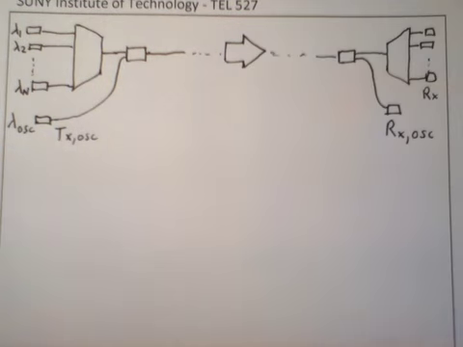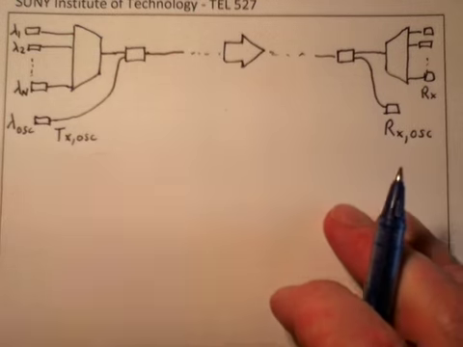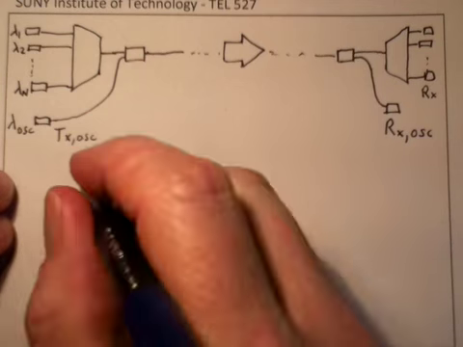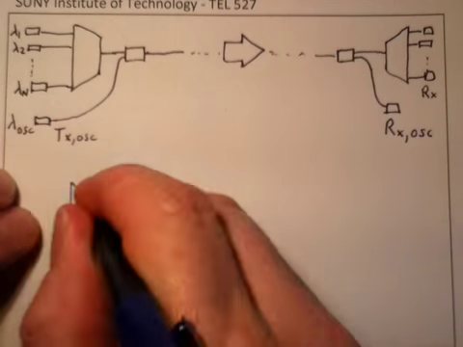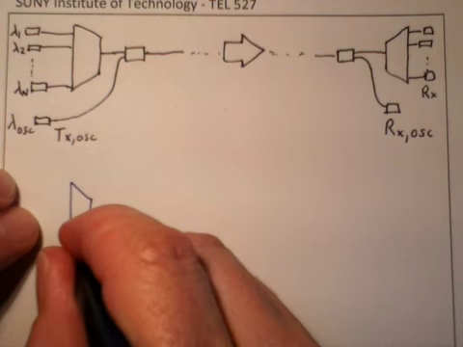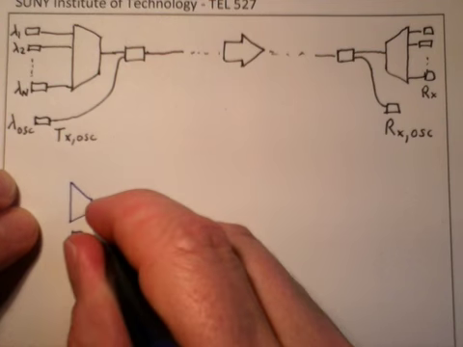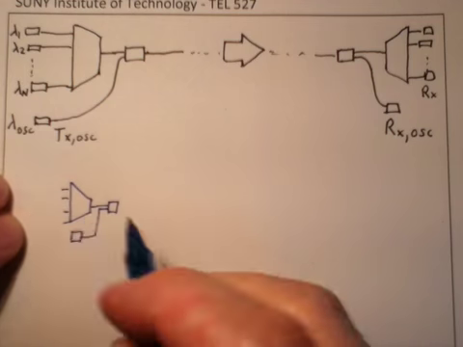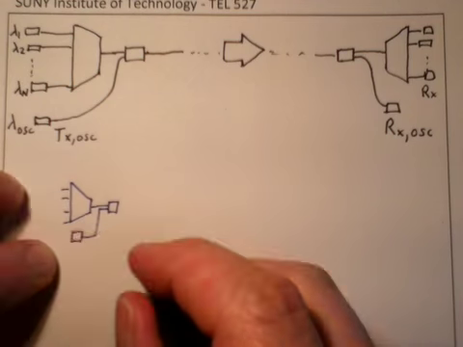But now what we're going to do is we're going to have a transmitter and a receiver at a node, and so we'll have transmit optical service channel, and without drawing all the details here, this is the transmit side.